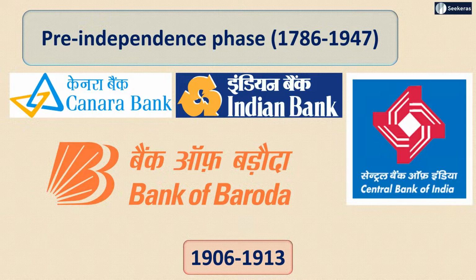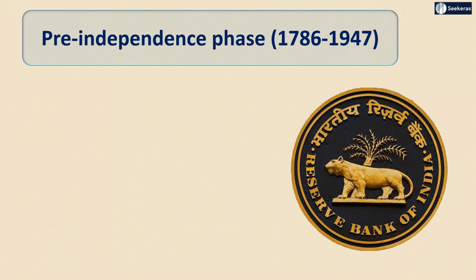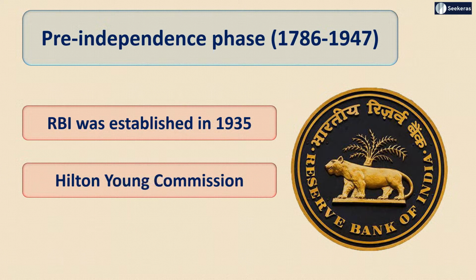The central bank of India, RBI, was established in 1935 on the recommendation of the Hilton Young Commission. At that time, the banking system covered only the urban population and the need of the rural and agricultural sector was totally neglected.